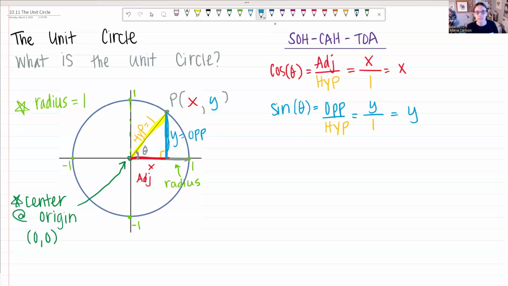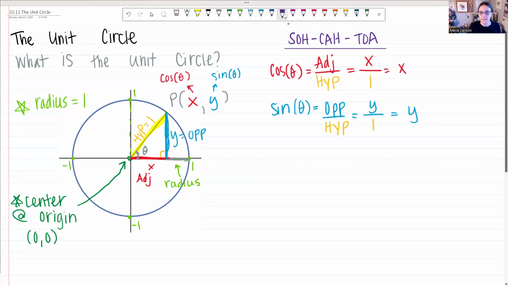So this positioning, where the radius intersects the circumference of the circle, this x comma y, is the same thing as: x is the cosine of theta, and y is the sine of theta.